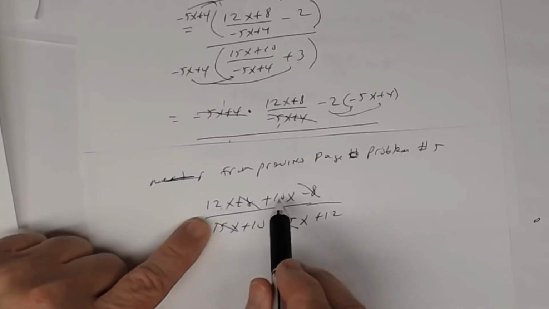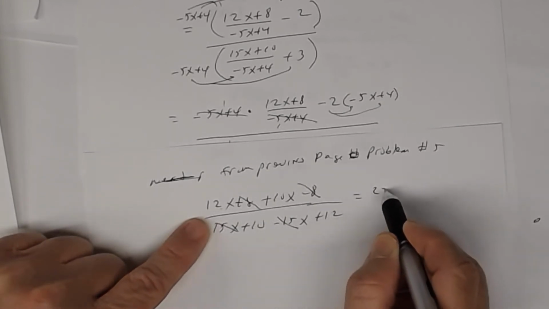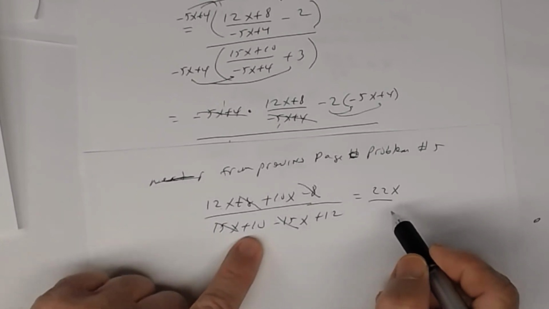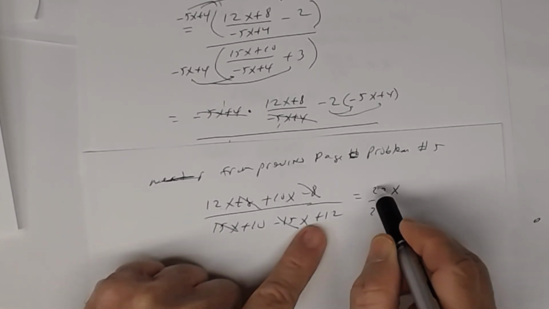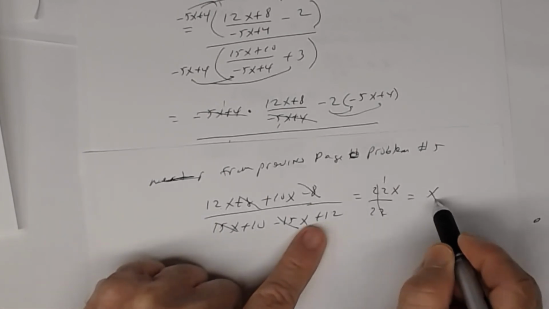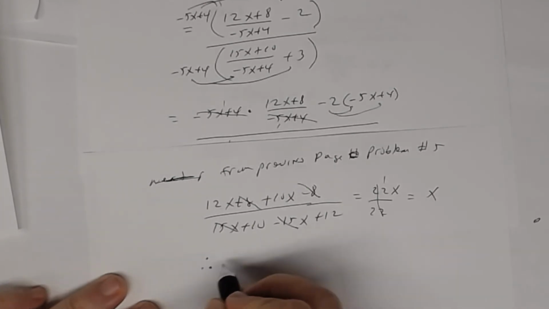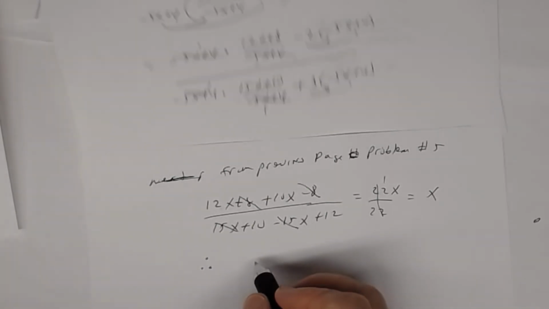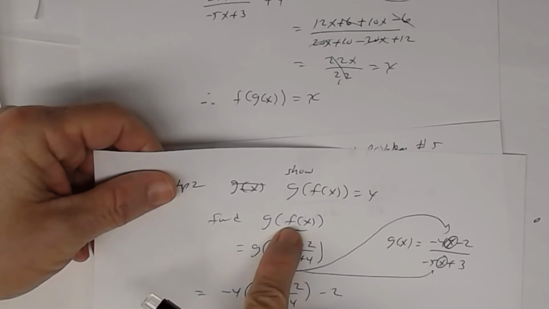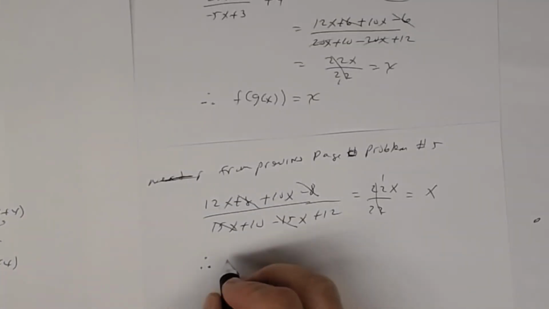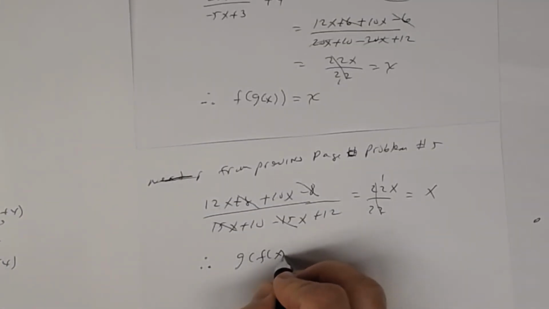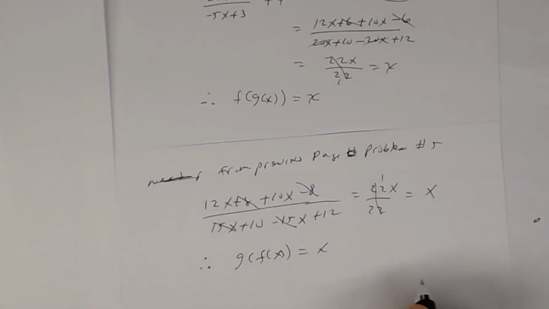So you get 12x and 10x is 22x. 10 and 12 is 22. They reduce, and you get x. So therefore, you found that this right here, g of f of x, is equal to x. All right, now step 3, you can say this.